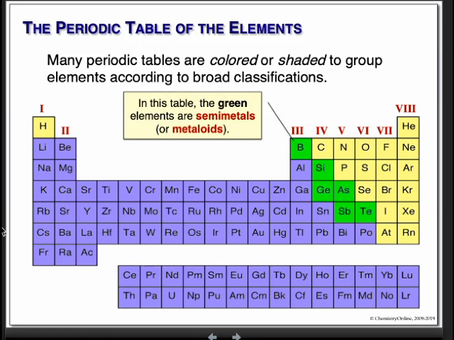They have properties in between metals and nonmetals, and these are our semiconductors. So silicon, germanium, antimony, beryllium, these guys are semiconductors. So they conduct somewhat, and again, you can change their conductivity, and this is the origin of all of our electronics these days.